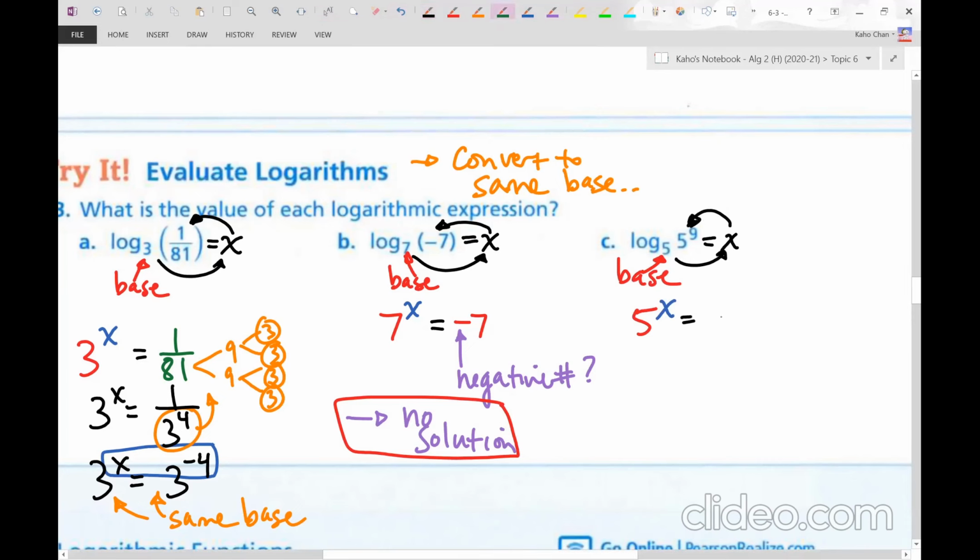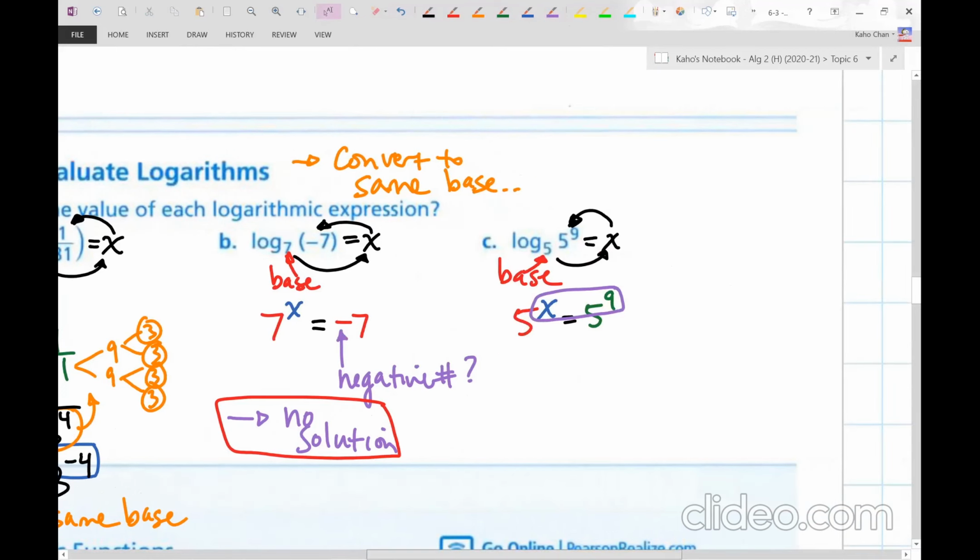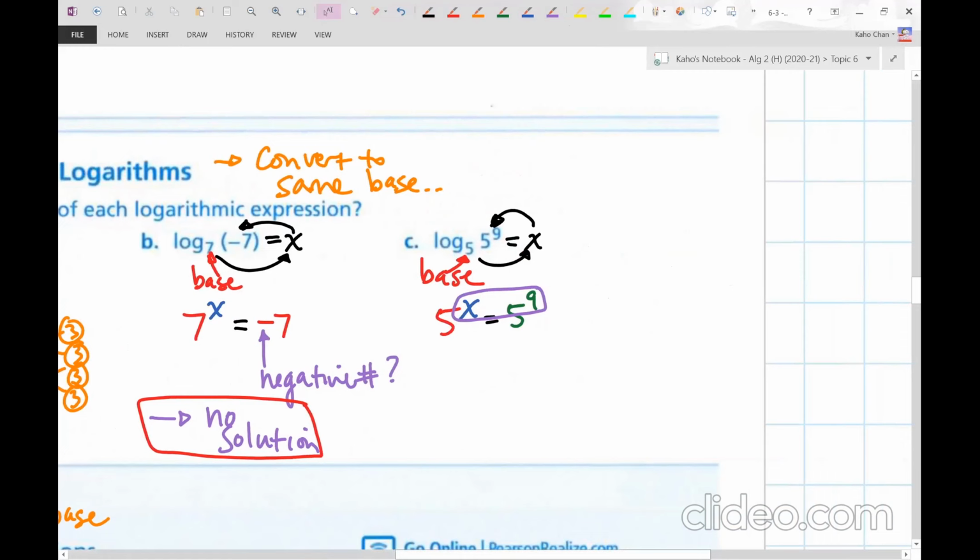Great. Oh, that's easy. X equals 9. In fact, wasn't the answer staring at us all this time? You guys see that little 9 right there?